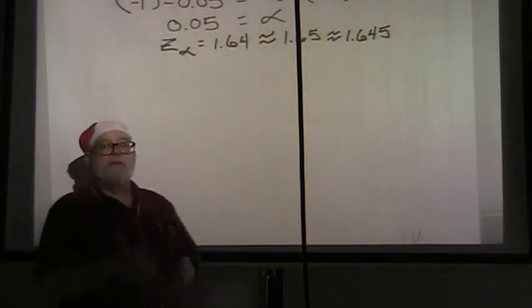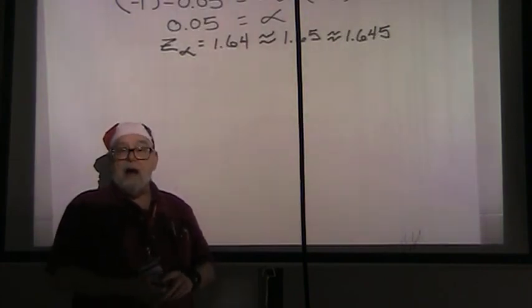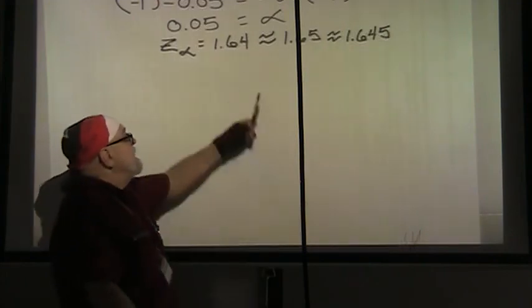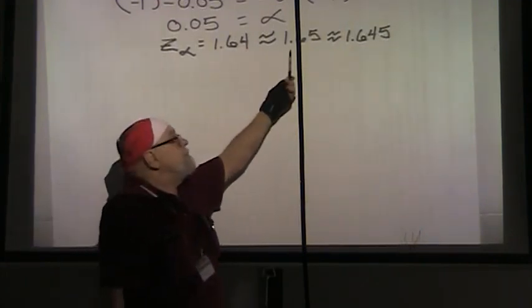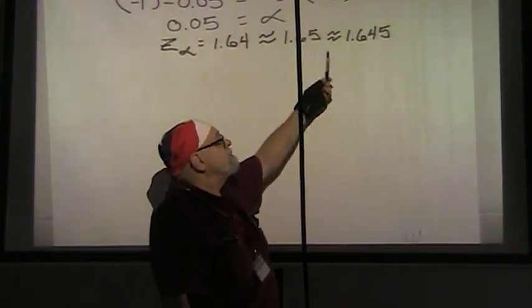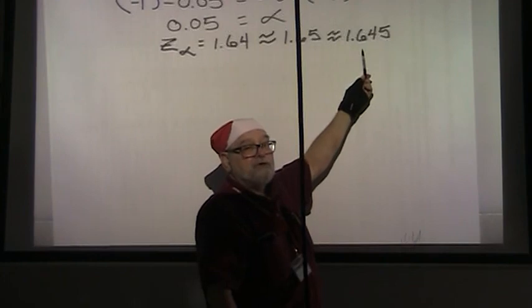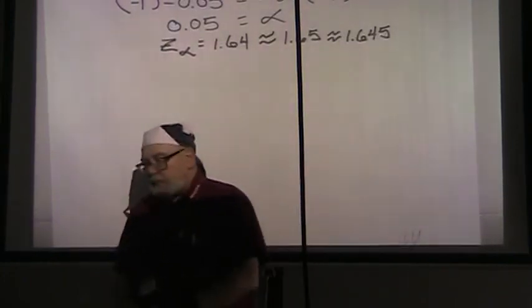If we have a problem like this in class, I am going to be okay if you choose 1.64. I'm going to be okay if you choose 1.65. And I'm going to be okay if you choose 1.645. Okay?